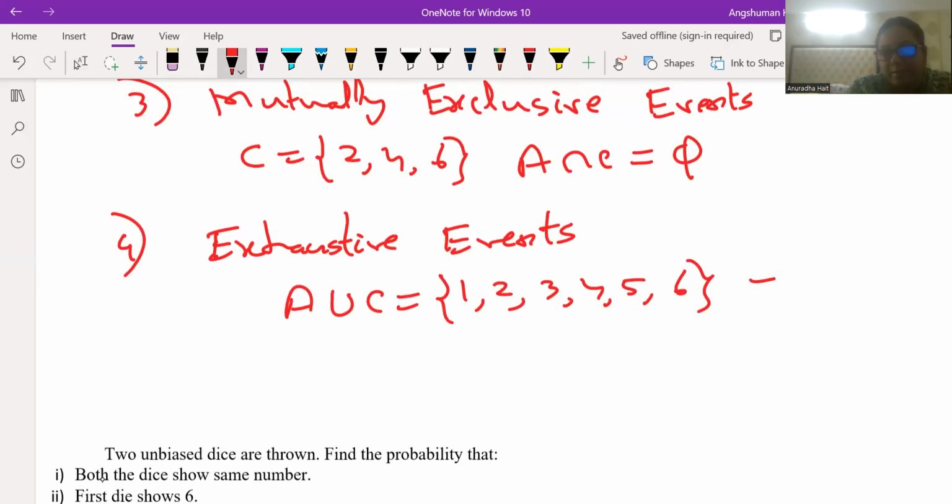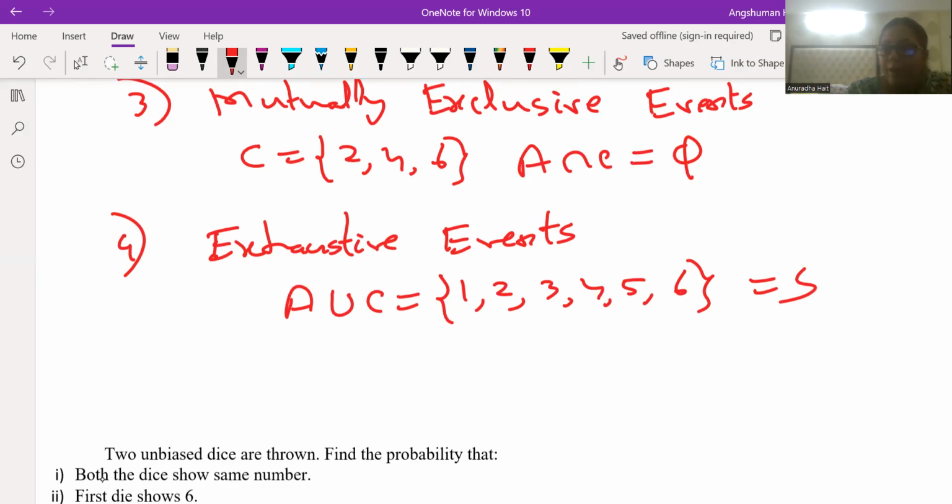That is nothing but the sample space. If there are two or more events, and when we take the union of the events we get the sample space, which includes all the points, then those events are called exhaustive events. Mathematically, we define it like A union.